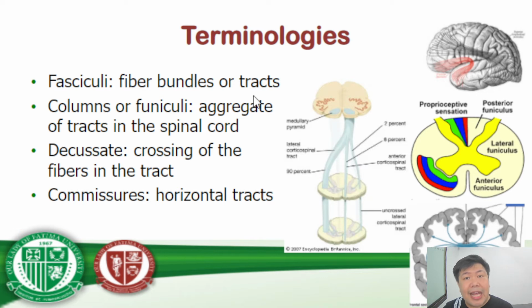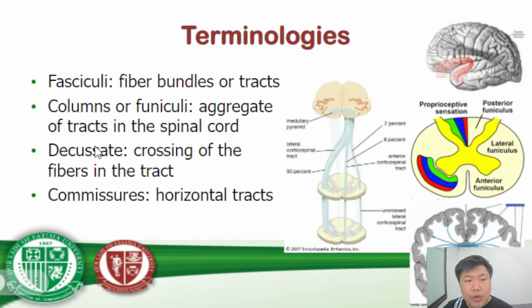Pero pag mag-isa lang yung tingting, yun ay isang fiber. So in order for you to better visualize a fasciculi, take this as an example, no? When we say fasciculi, this is a group or a bundle of fibers taken together. So ayan, no, ang daming fibers na pinagsama-sama. That is an example of your fasciculi.